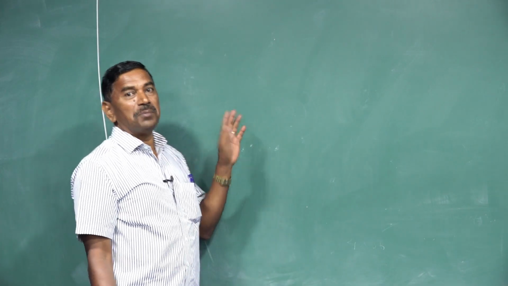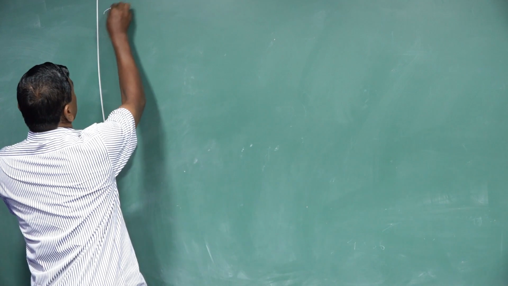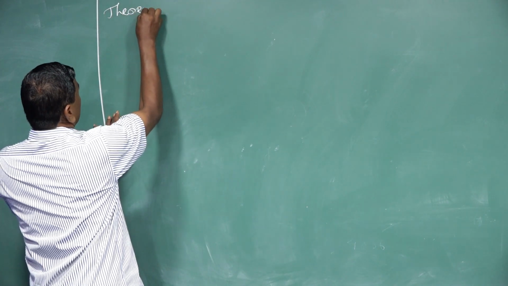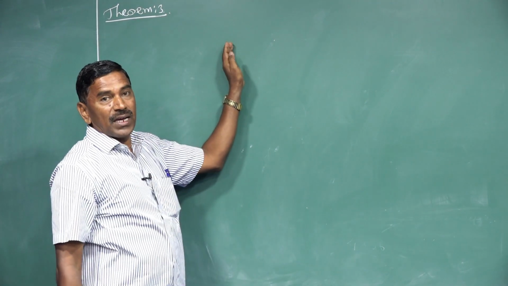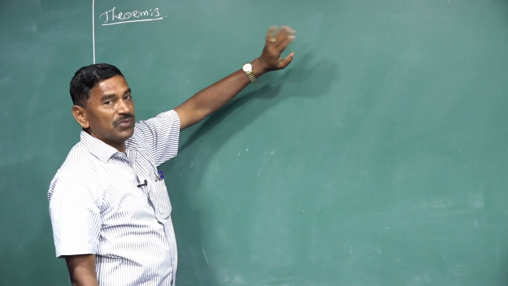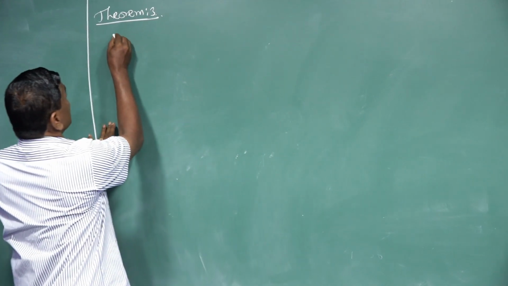Children listen, theorem 3. The medians of a triangle are concurrent, which is a theorem, a 5 mark question.